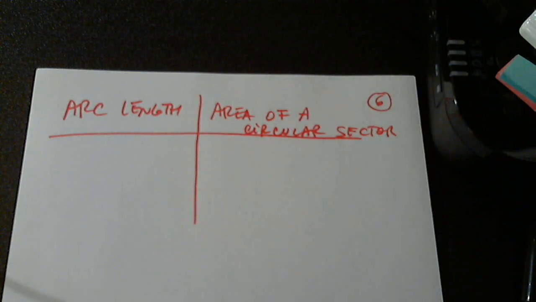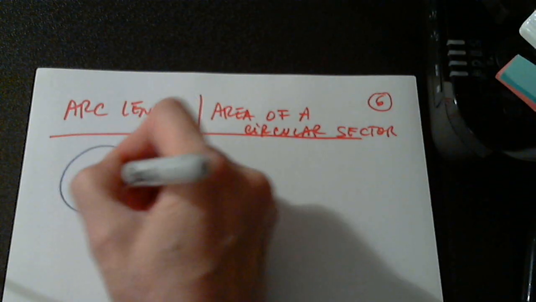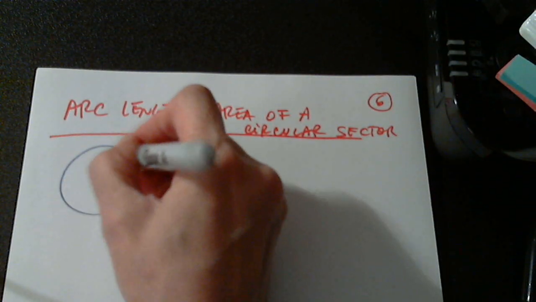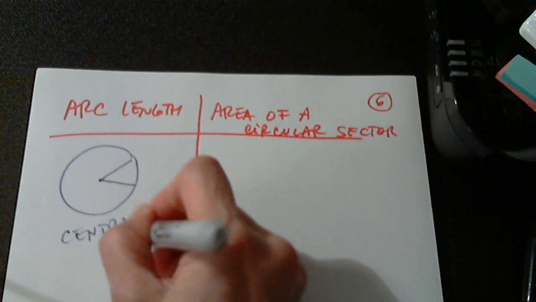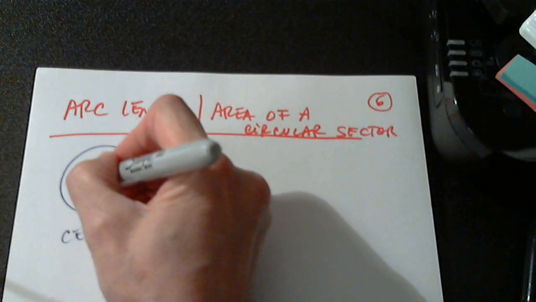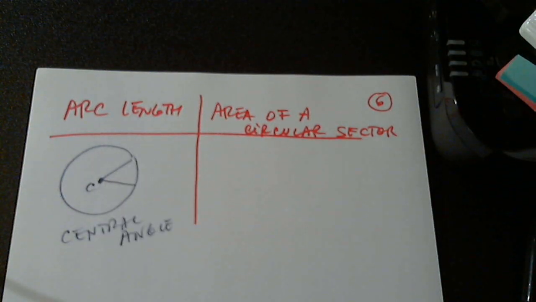Okay. So the arc length. We have a central angle. So it's called central angle. In other words, the vertex is at the center of the circle.